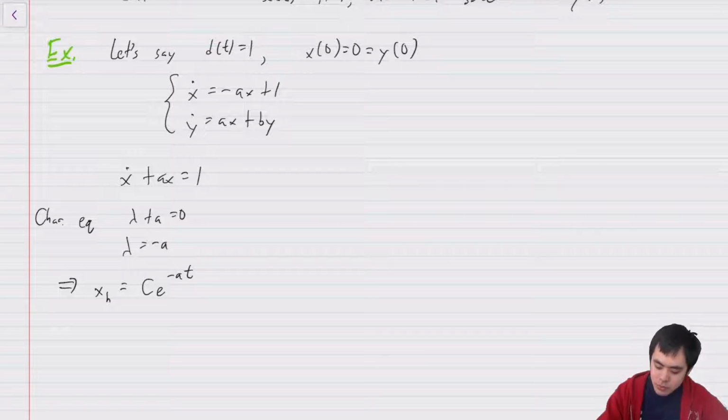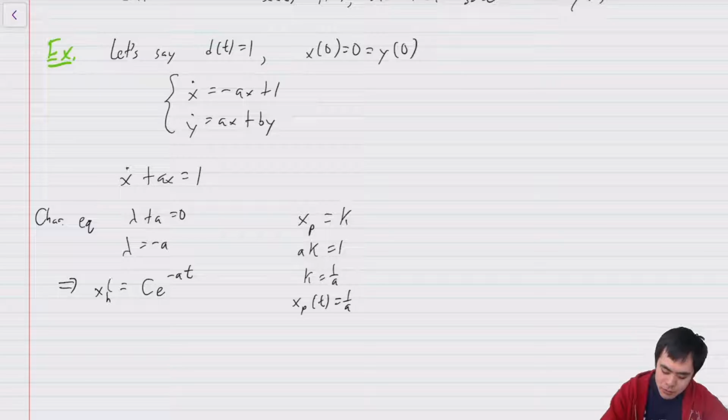And so then we also need to get the particular solution. So the particular solution, xp, we're going to guess an ansatz that's equal to some k. Well, then we have ak is equal to 1, which implies that k is equal to 1 over a. So xp of t is just equal to 1 over a, and this is also a function of t.